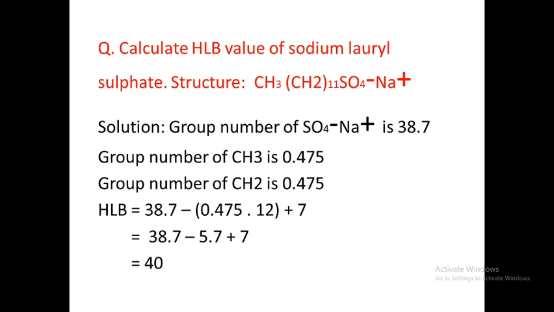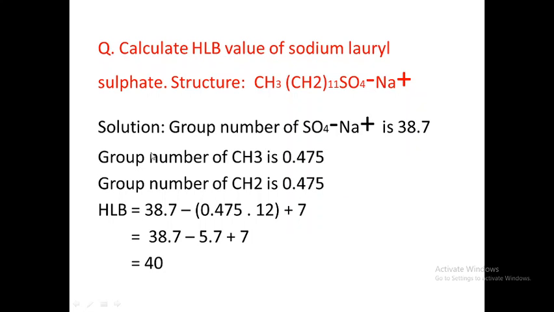So here is the problem. Calculate the HLB value of sodium lauryl sulfate. The structure of sodium lauryl sulfate is given. Now, in this structure, the hydrocarbon chain, that is the 12 carbon containing hydrocarbon chain, basically contributes to the lipophilicity of a surfactant, and the group number of this hydrocarbon is 0.475.